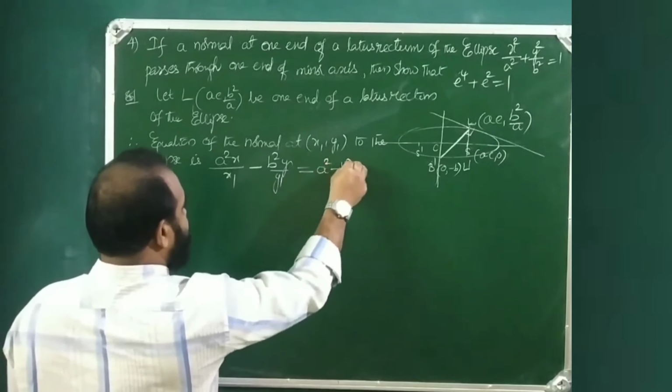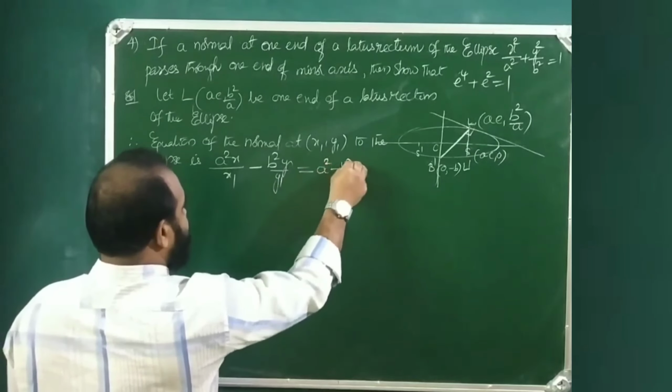So here x1, y1 is this, because this is the point where we are finding the normal. So therefore x1, y1 is ae comma b square by a.